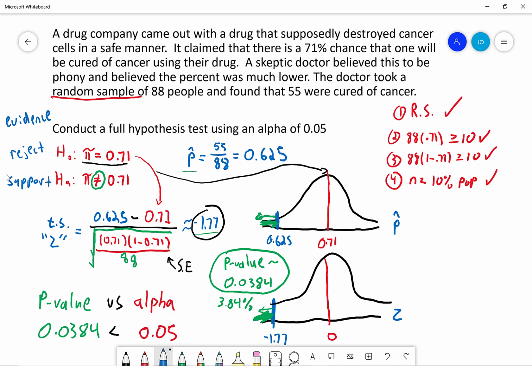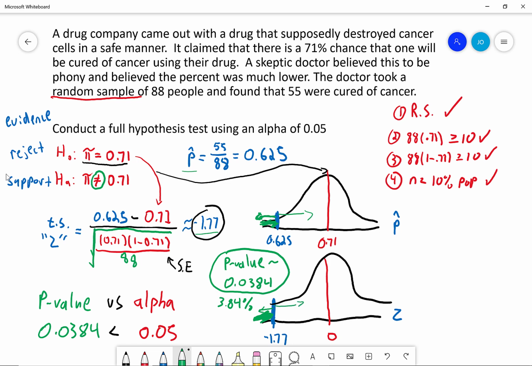So we would graph our test statistic, we would graph that sample proportion, and then what area do we look for? Well, since we don't care if it's bigger than or smaller than, you may think to yourself, what if we look in less than and greater than?